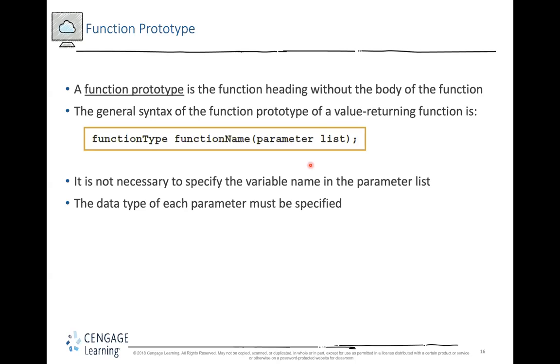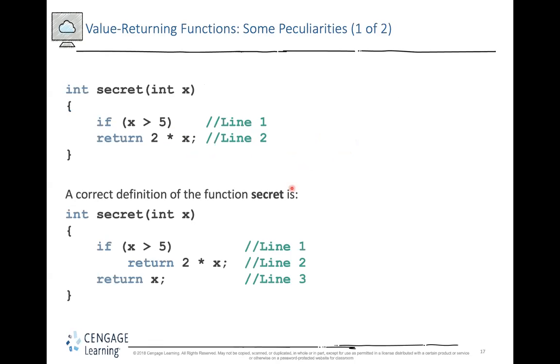So you need to add a declaration before main so that it will know how to invoke A. For that declaration, you use the function prototype, where you may or may not use the variable names in the parameters. There's some example here.